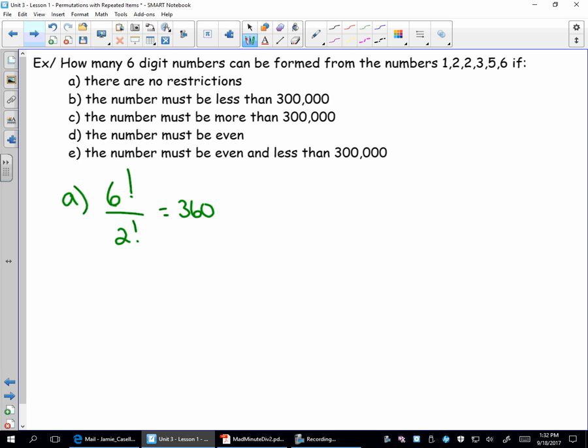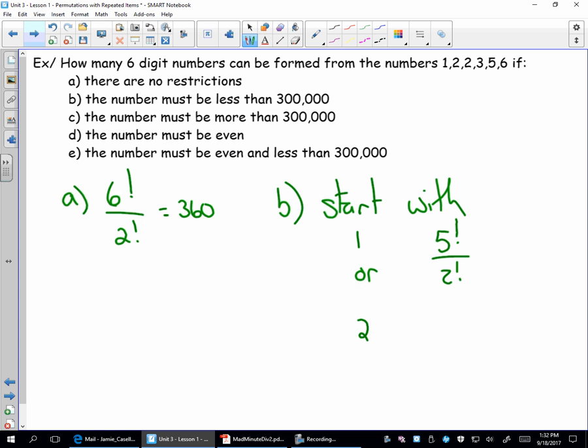What if they must be less than 300,000? Well, making them less than 300,000, they're telling us a starting value. They must start with either a 1 or a 2. If it starts with a 1, I fill that spot in, I'm only left with 5 things to arrange, and 2 of them are 2's.